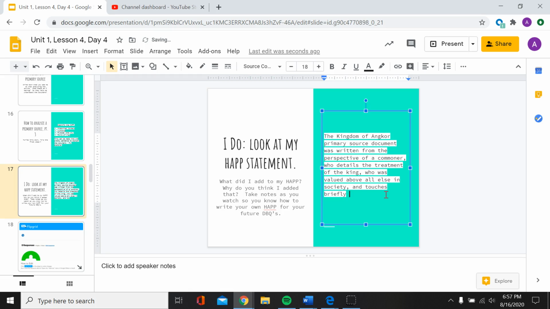I'm going to say briefly because not all of our details are about the commoners. Most of our details are about the king, at least the very fine details in here.